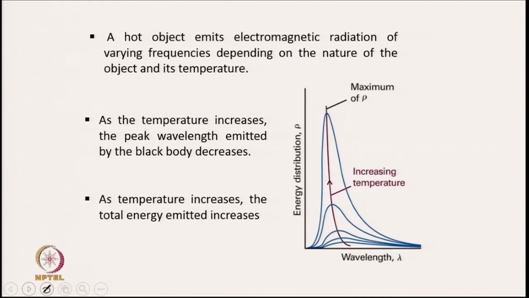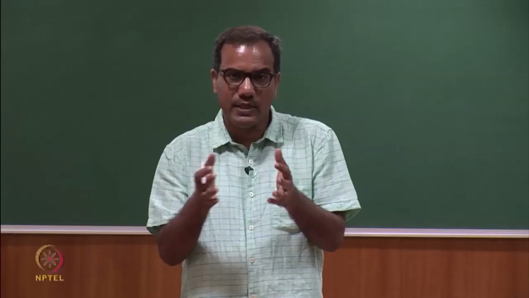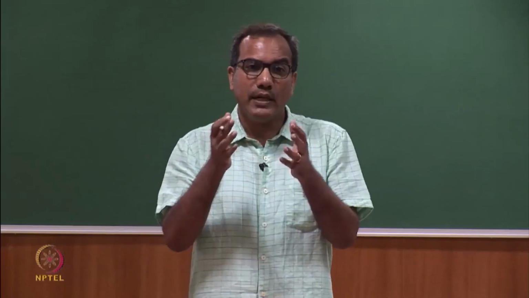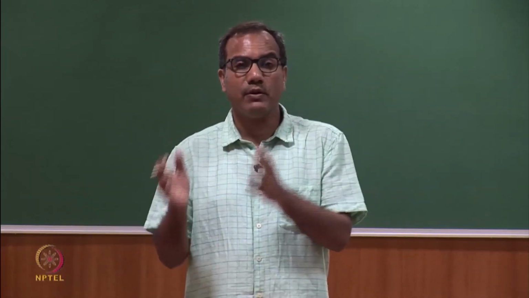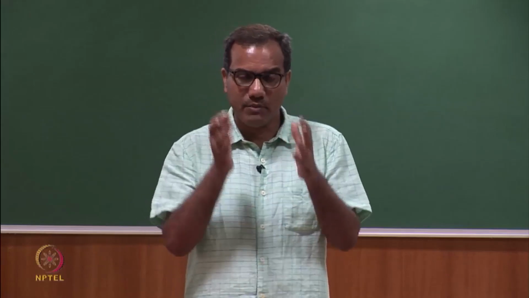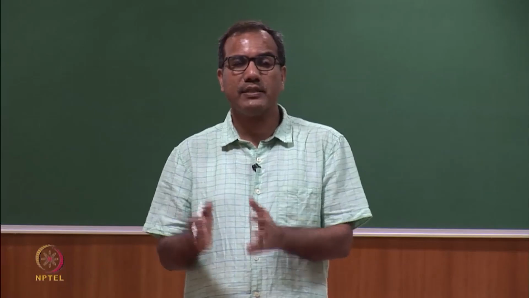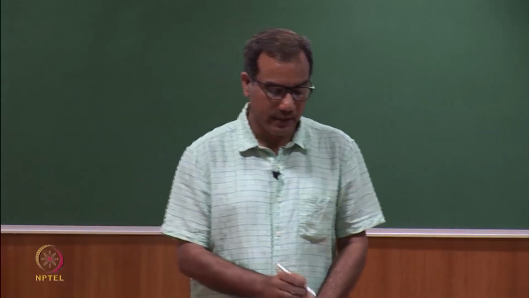Emission by the black body will be of higher frequency light. As the temperature increases, the total energy emitted also increases. What that means is, not only is the frequency increasing with temperature, the energy of the emitted light is also increasing. So as temperature increases, both the energy and frequency of emitted light increase.